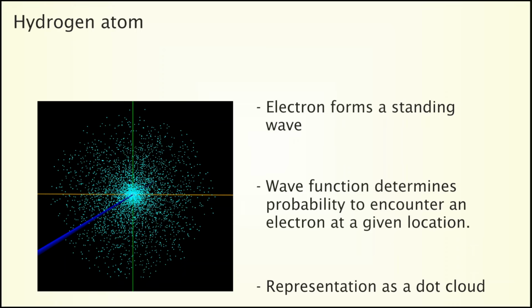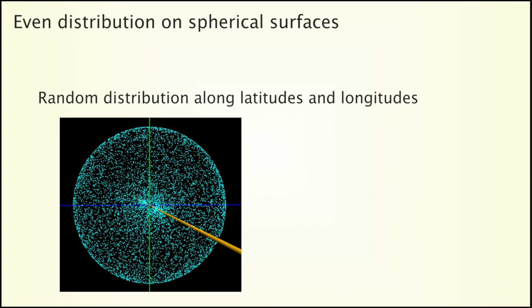And I will start now with the first task, distributing elements on a spherical surface. I have to admit, I have done this before in videos about polar distributions, but I made a mistake in these videos, because when you randomly distribute elements along latitudes and longitudes on such a sphere, as I've done in these videos, you will not obtain an even distribution.